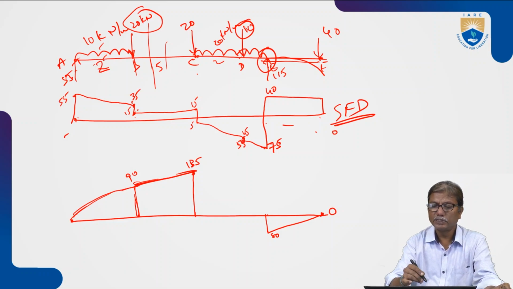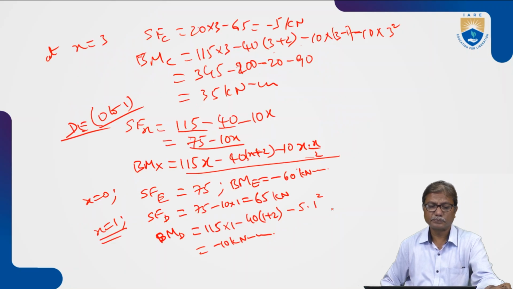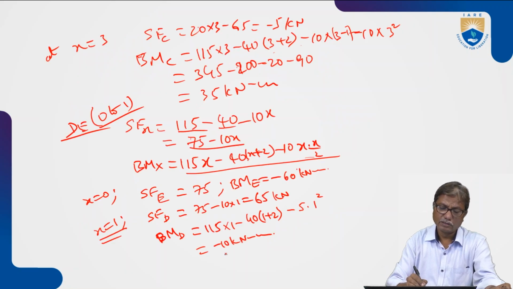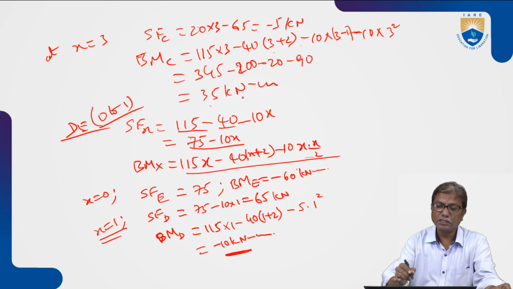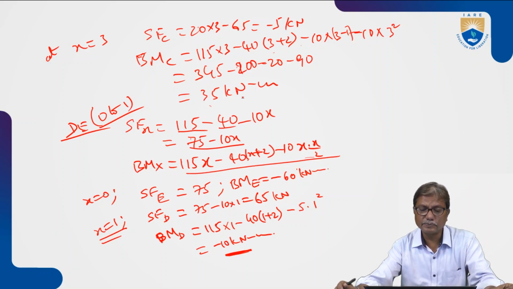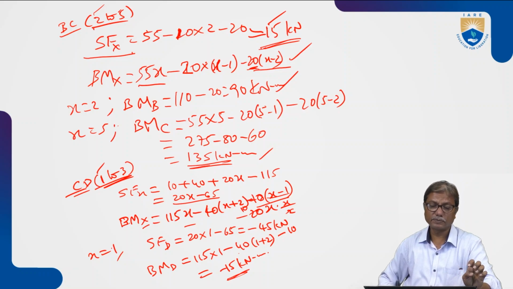Next, between C and D, what is the bending moment at D? Bending moment at D is minus 10 and bending moment at C is 135.